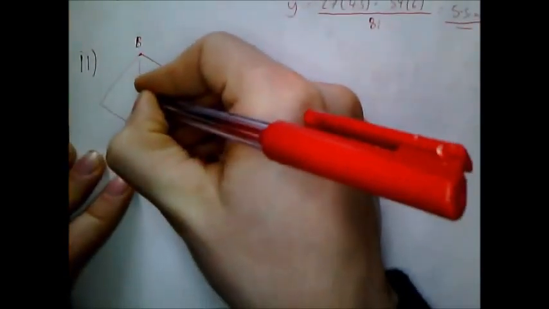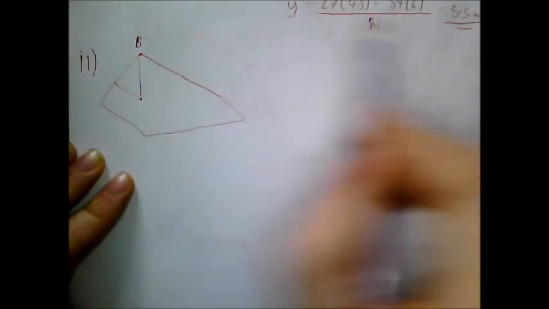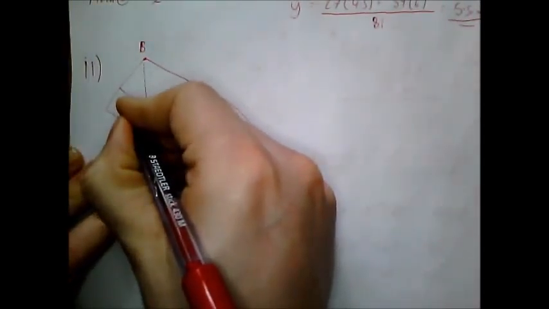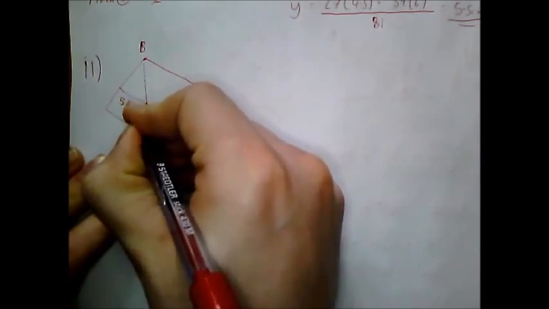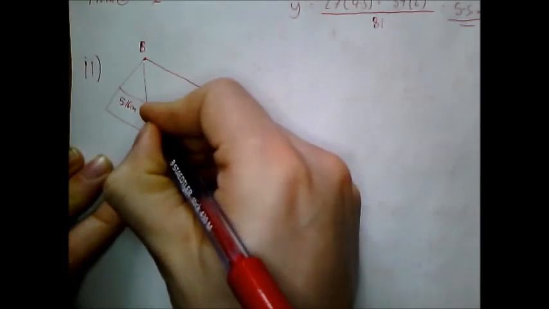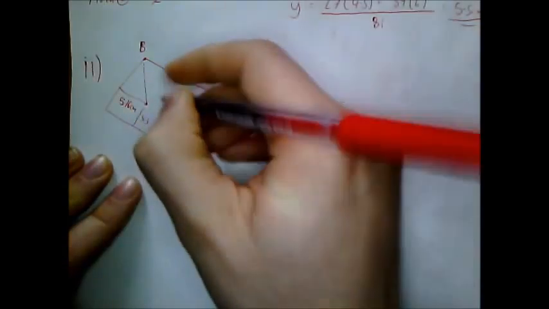So what information do we know? This distance is 5.16 away from that edge, and it's 5.5 away from this edge.